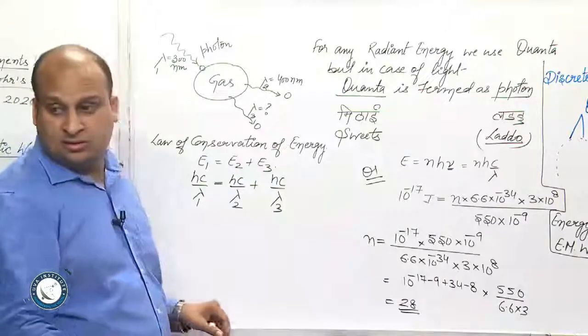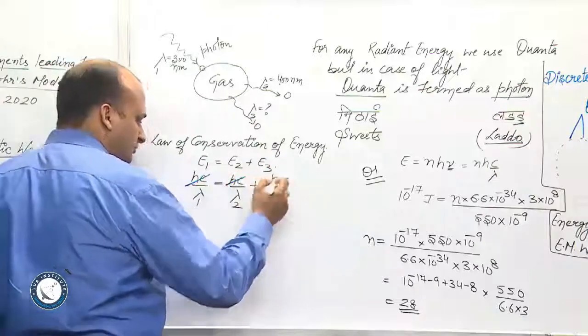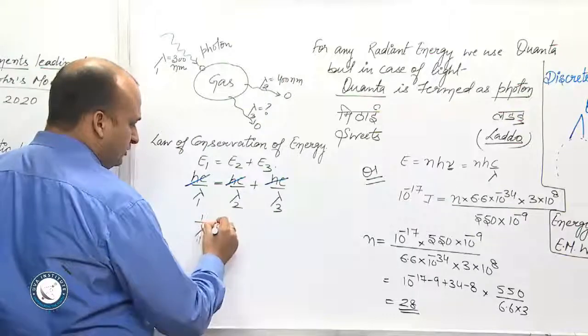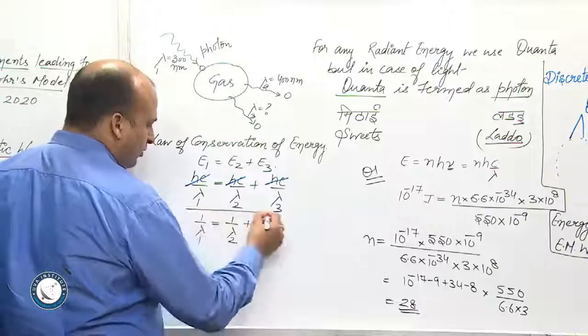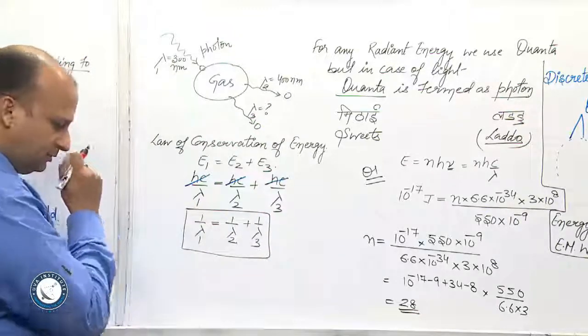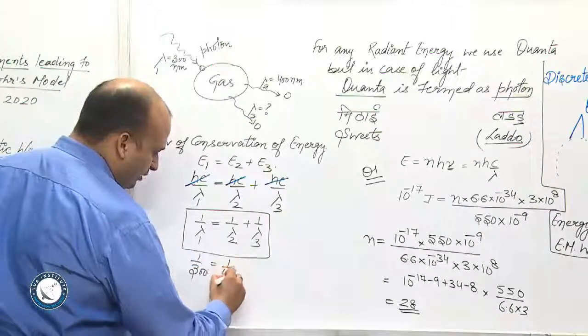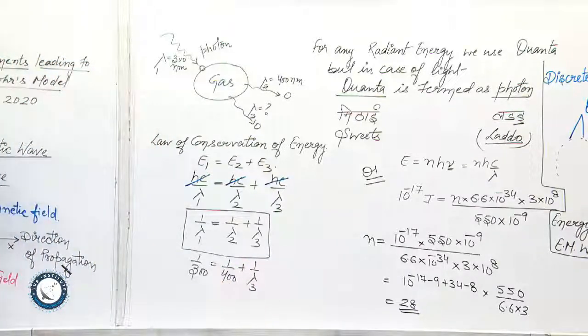Now hc cancels out. So you will get 1 by lambda 1 is equal to 1 by lambda 2 plus 1 by lambda 3. Now you have to put down the values and get the answer. So 1 by 300 is equal to 1 by 400 plus 1 by lambda 3. You have to solve for 1 by lambda 3. Okay, is it clear? Clear to everybody?